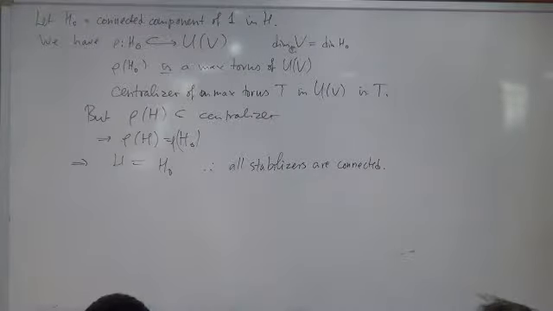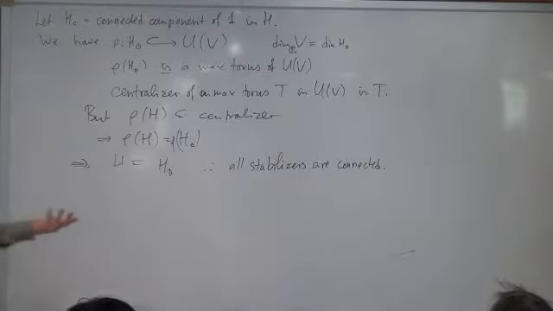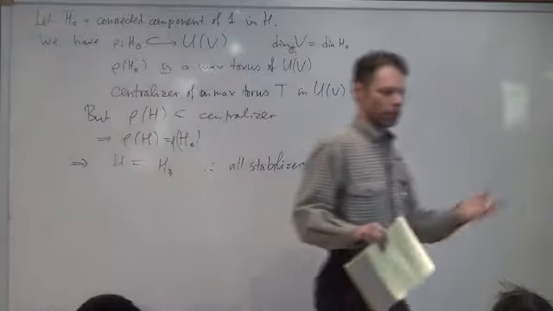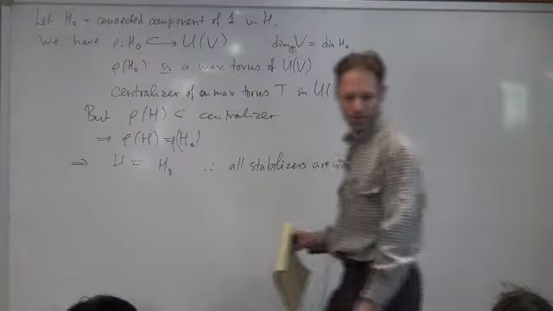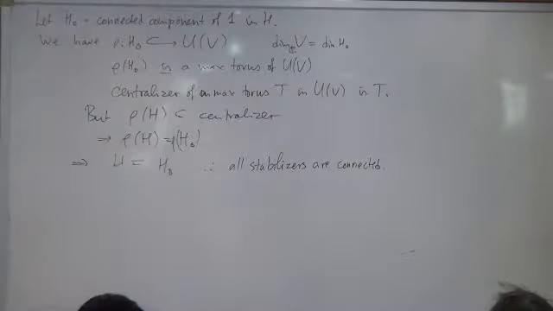But we can actually get more mileage out of this. If you look at the maximal torus in the unitary group, the representation splits. It's completely reducible. It splits into a direct sum of one-dimensional subspaces. And what do you know about the weights?